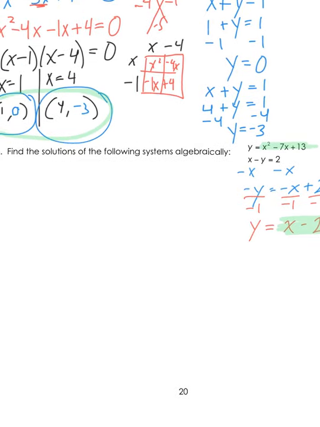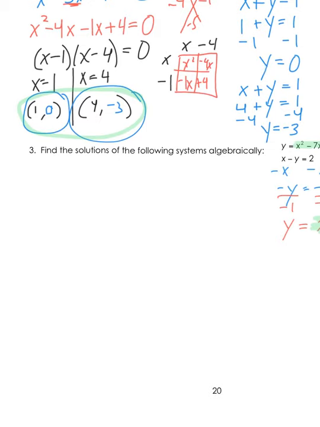So I've got x squared minus 7x plus 13 equals, and x minus 2 was what I just found when I solved that for y. Okay, here we go, getting equal to 0.